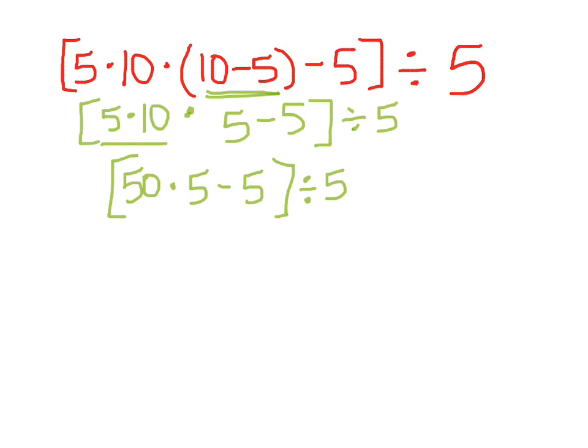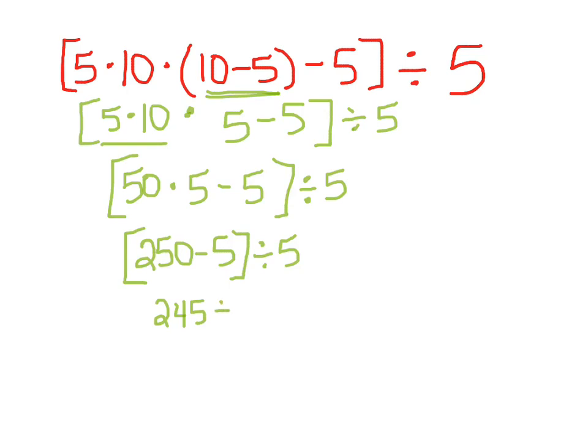Okay, now 50 times 5 minus 5. Well, 5 times 5 is 25 and add a 0, that's 250 minus 5. That is all still in brackets because we still have numbers or operations inside the brackets, divided by 5. And then 250 minus 5 is 245.